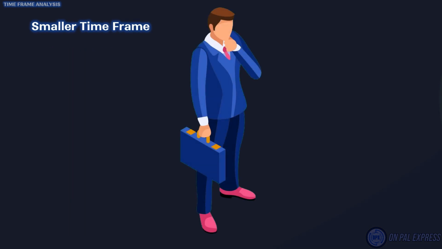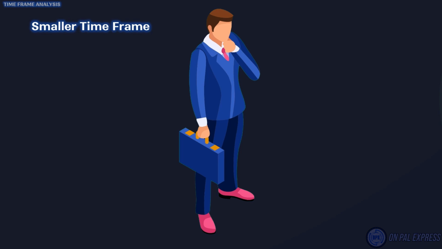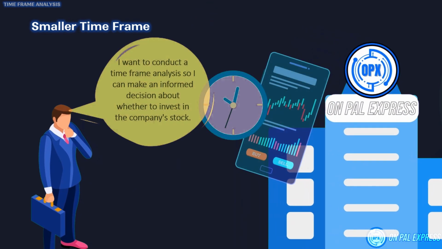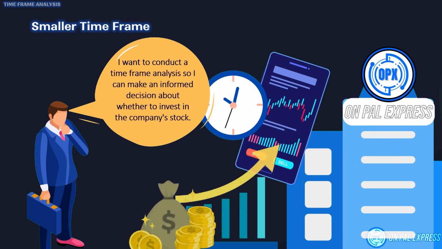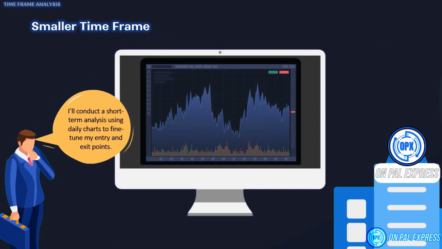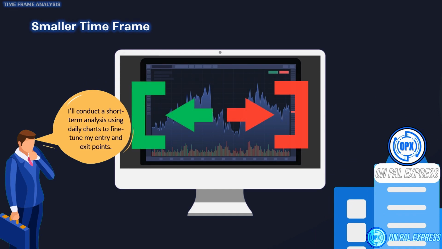Imagine you're an investor interested in purchasing shares of a technology company on PAL Express IT Solutions. You want to conduct a time frame analysis to make an informed decision about whether to invest in the company's stock. You conduct a short-term analysis using daily charts to fine-tune your entry and exit points.